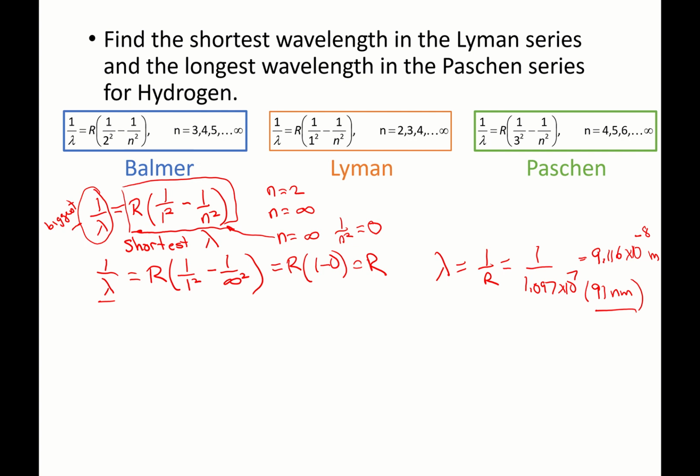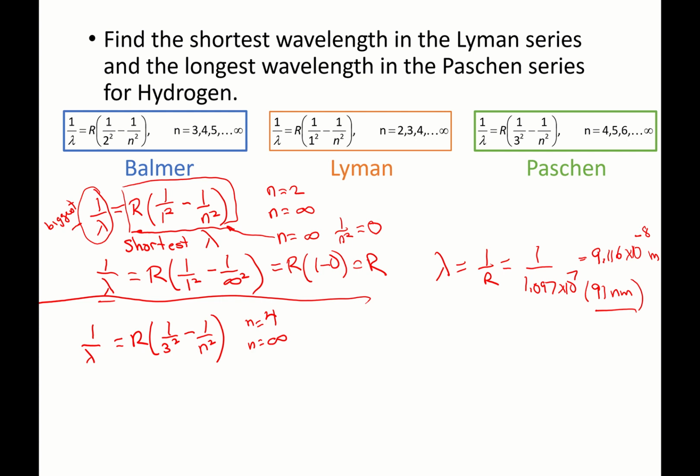All right, how about the longest wavelength in the Paschen series? So the Paschen series is 1 over lambda, and I'll draw a line to separate the two. 1 over lambda is R times 1 over 3 squared minus 1 over n squared. Obviously the two choices for longest and shortest will be n equals 4 or n equals infinity.